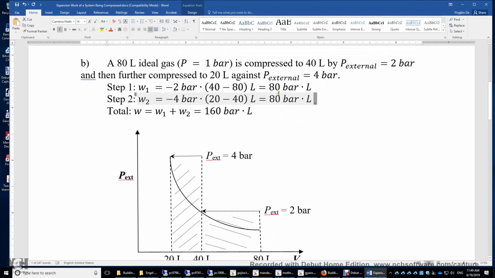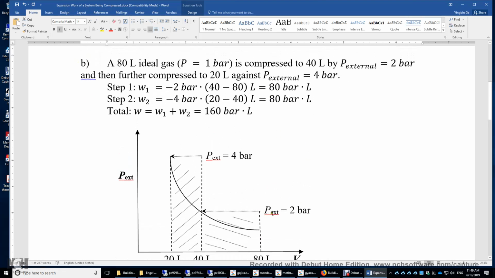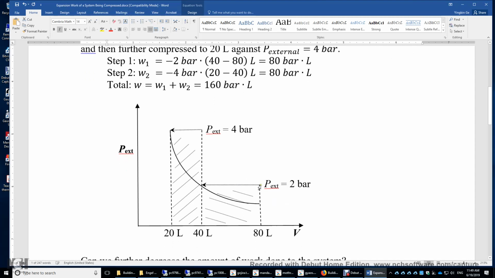However, in the two-step process described in example B, we compress the gas first against a 2 bar external pressure. So really in step 1, this rectangle area corresponds to the amount of work, which is 2 bars times the difference of the volume, 40 liters, so we get 80 here.